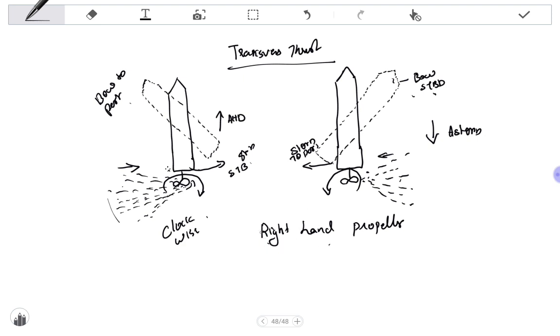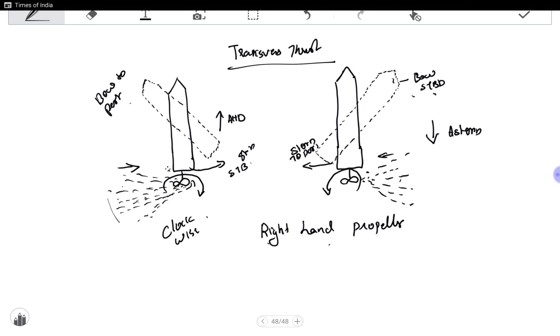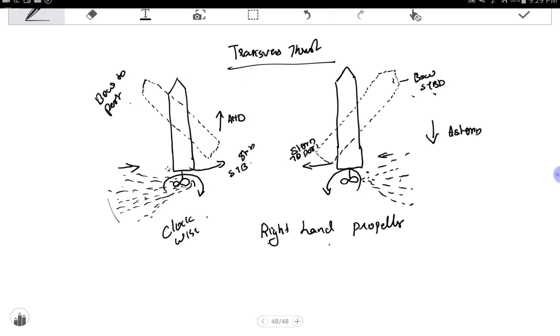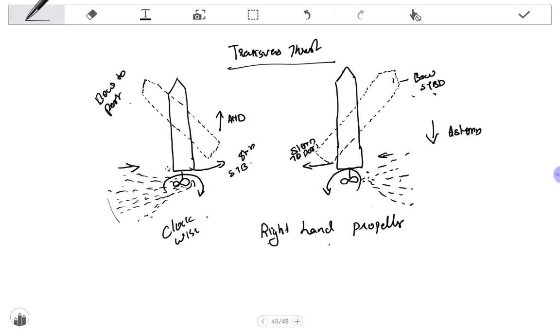That means for ahead movement the vessel's propeller will rotate in anti-clockwise direction. So it will be exactly opposite to each other. For ahead movement the propeller will rotate anti-clockwise.